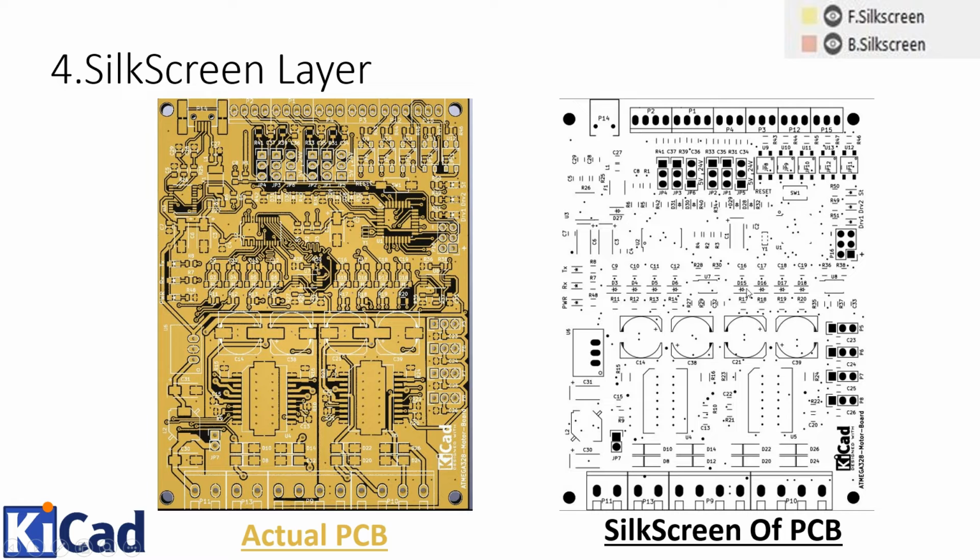Similarly, over here is a diode which says D15, and in this way you can identify which component in your schematic is placed at which place in your PCB. So silk screen actually communicates to us that the components you have specified in the schematic are physically placed in the PCB.